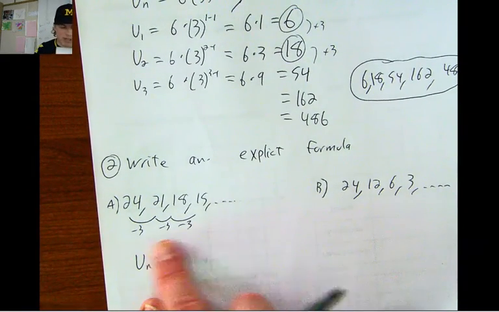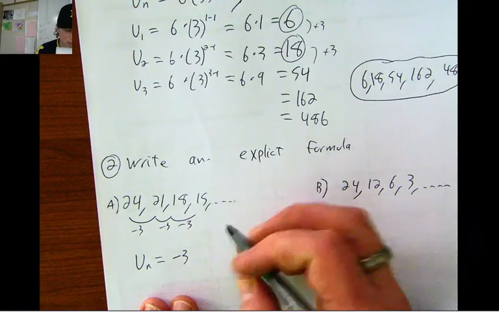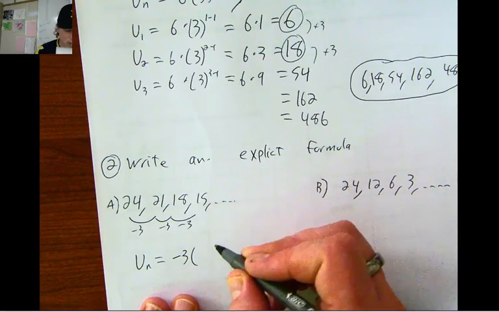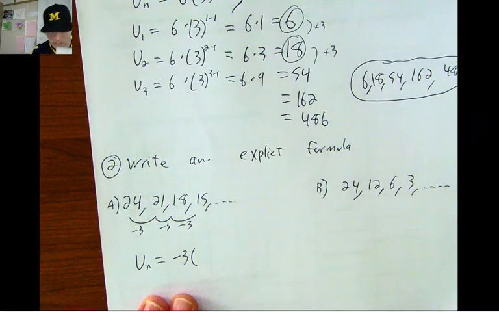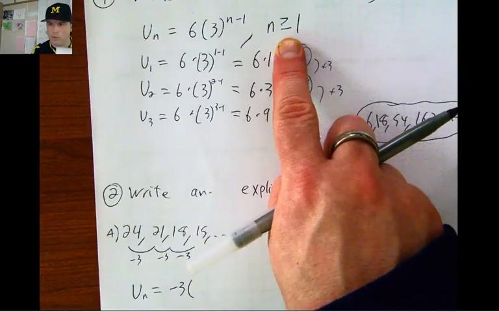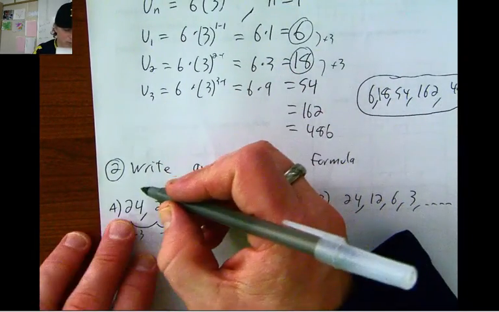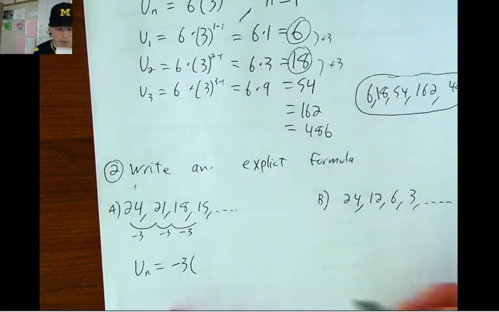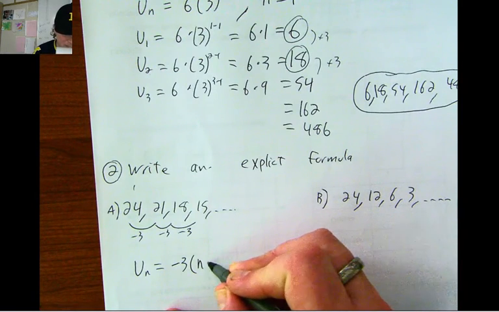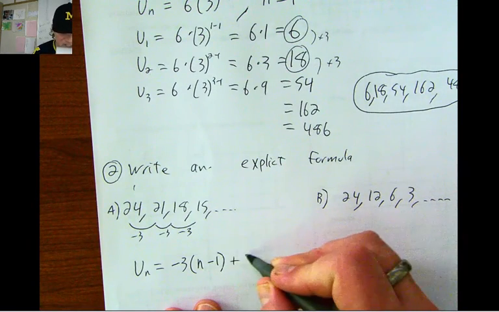Because we're subtracting by 3 every time, I'd go -3 times n minus 1 plus 24, because I was treating this like n greater than or equal to 1, so I'm also treating this 24 like it's the first term.